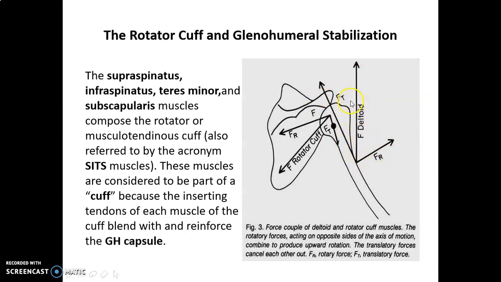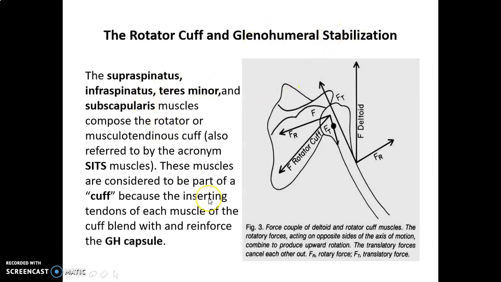The superior translatory force, as given earlier, is now understood to be counteracted by the force generated by the rotator cuff muscles and transmitted through the tendons. So here we are discussing under the heading: what is the role of the rotator cuff tendons or muscles in the stabilization of the glenohumeral joint?